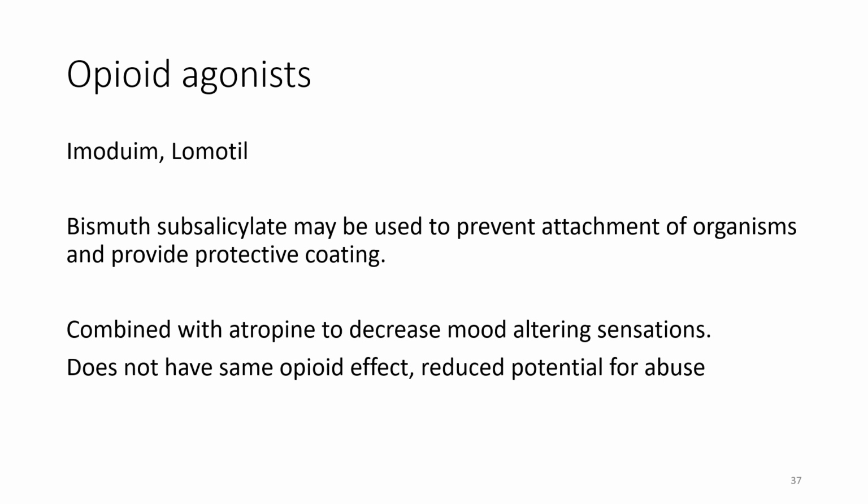So when we talk about opioids, you have to be mindful, again, of taking anything else that may increase the risks of CNS effects, okay, because they're getting some opioid effect, but they're getting that atropine just to decrease that extreme euphoria. So they have to be mindful about mixing those medications or taking any other opioid in addition to this opioid agonist.